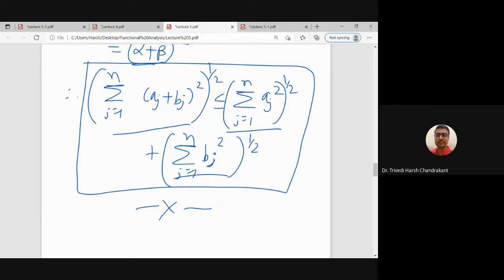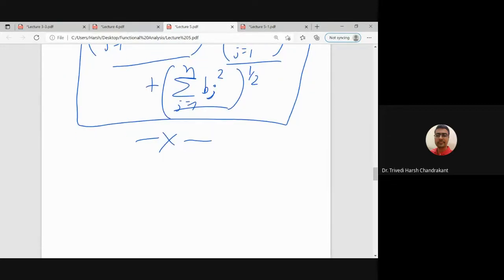Okay, so these inequalities are very useful. We already used them in Rn and Cn, and this is useful to verify that Rn and Cn are vector spaces.